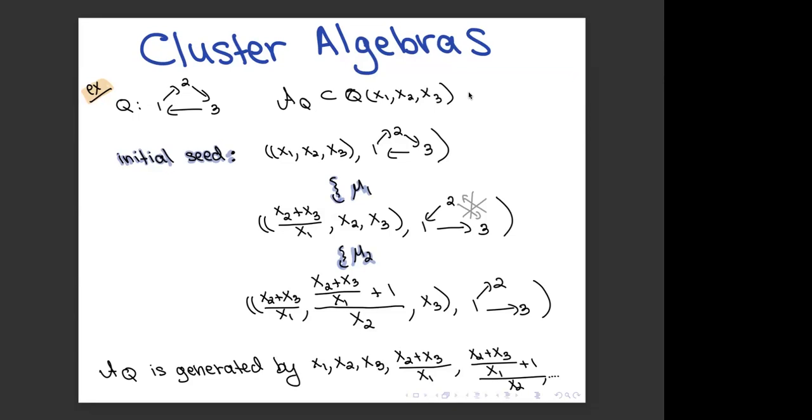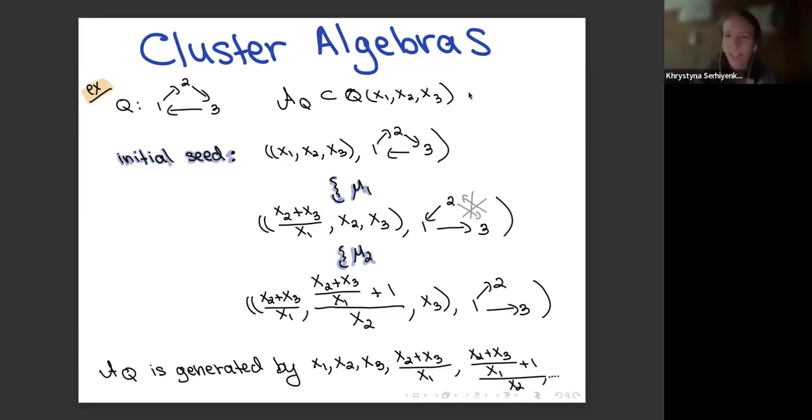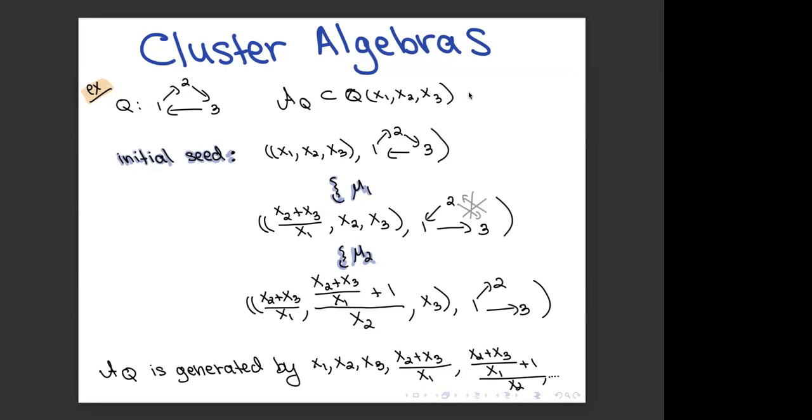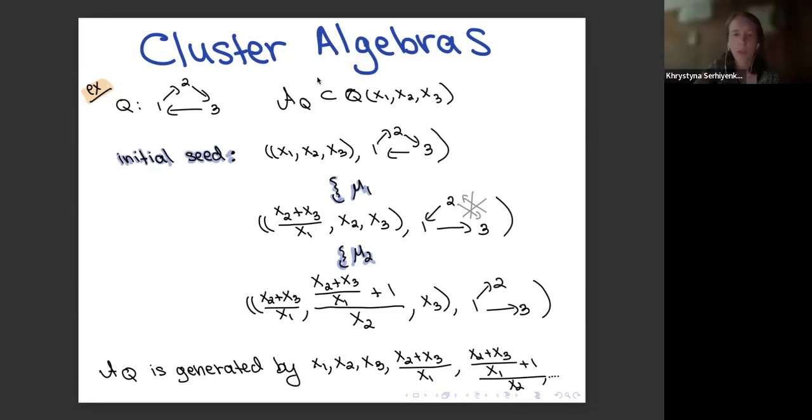May I ask a question, please? Go ahead. Is the initial seed unique, or can you change the order in x1, x2, x3? Oh, good question. So I label this x1 because I think of it as a cluster variable associated to vertex 1 in here, x2 associated to vertex 2.